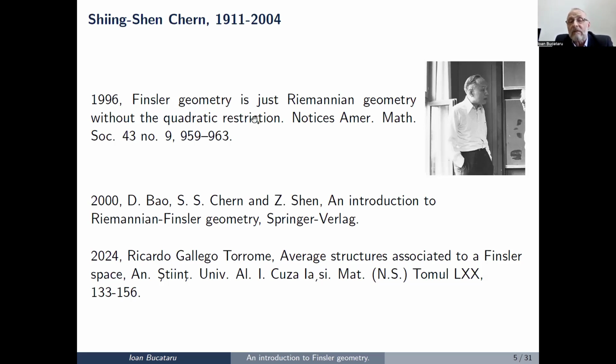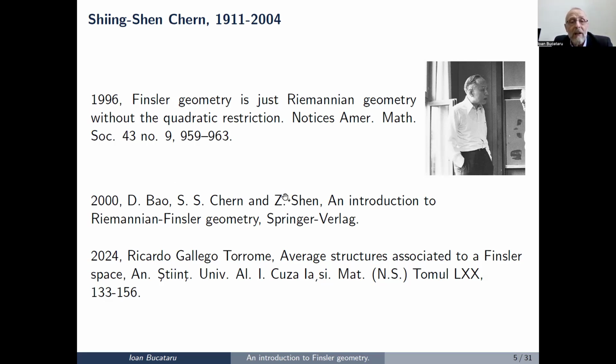Somehow it looks very easy to extend results of Riemannian geometry to the Finslerian context: you just give up the quadratic restriction. Well, it's not so easy, because when you give up this quadratic restriction, most of the problems that are quadratic, or sometimes linear, in the Riemannian context become non-linear in the Finslerian context, and the non-linearity is not easy to deal with.